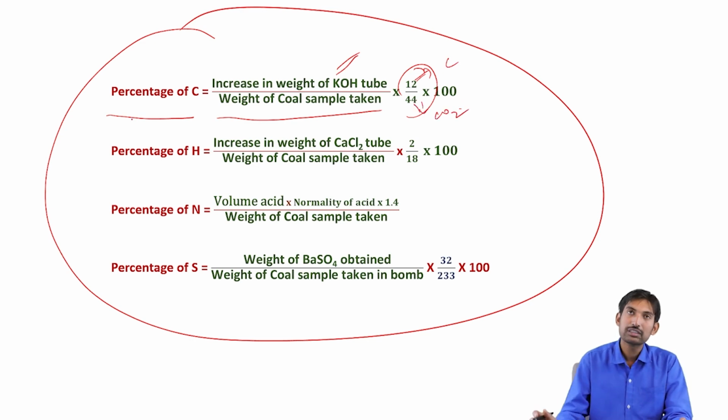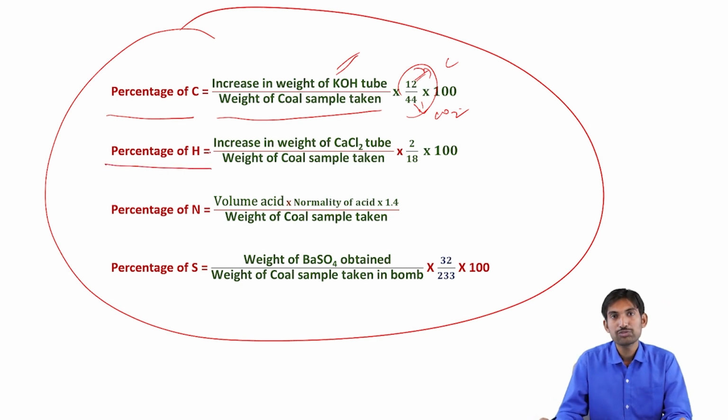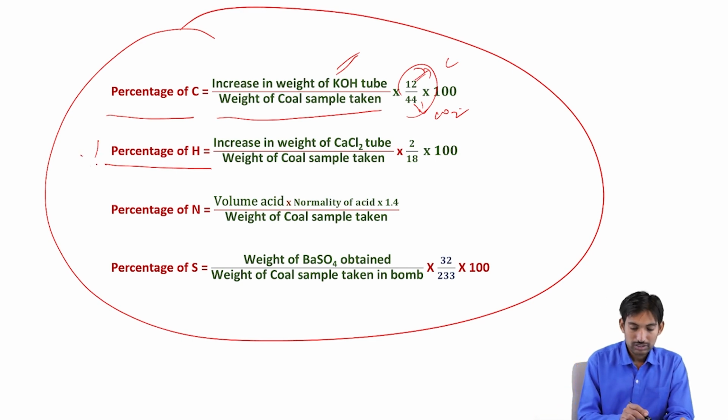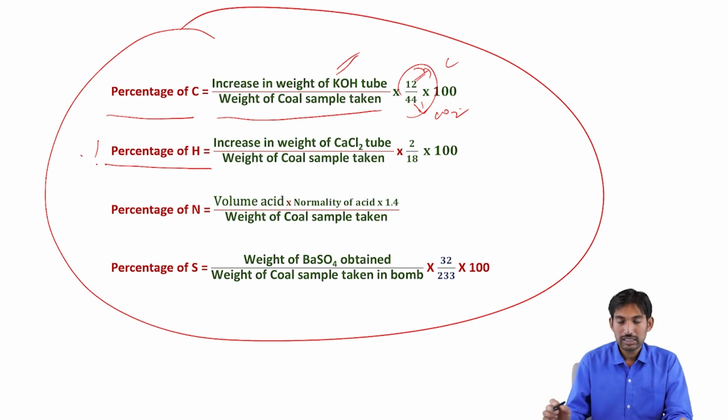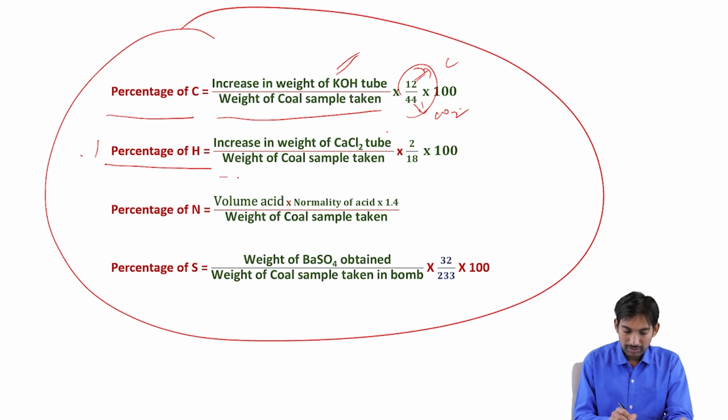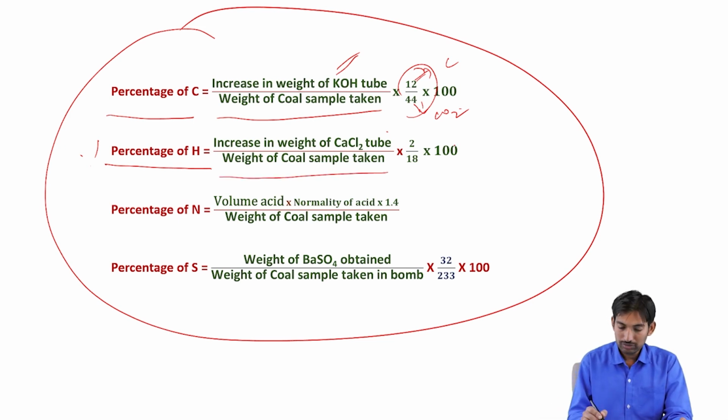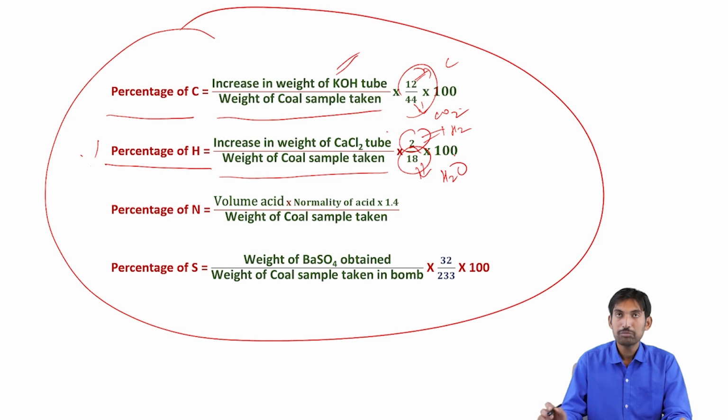The next formula is percentage of hydrogen: the increase in weight of the calcium chloride tube divided by the weight of coal sample taken, into 2 divided by 18. Here 2 is the weight of hydrogen and 18 is the weight of the water molecule.